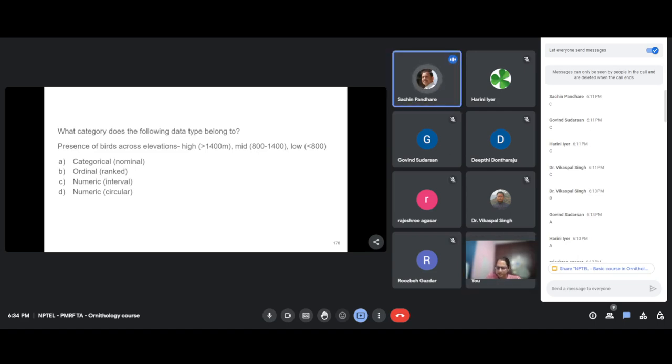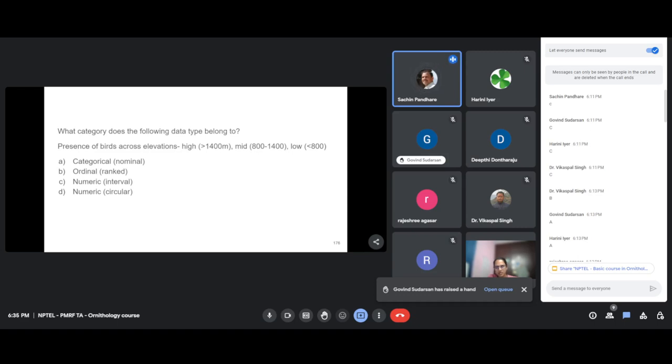The reason I think could be that to carry out the analysis, it will not be so relevant to have a bird identified at 1404 meters or something like that, because finally you need to consolidate or categorize them or group them.